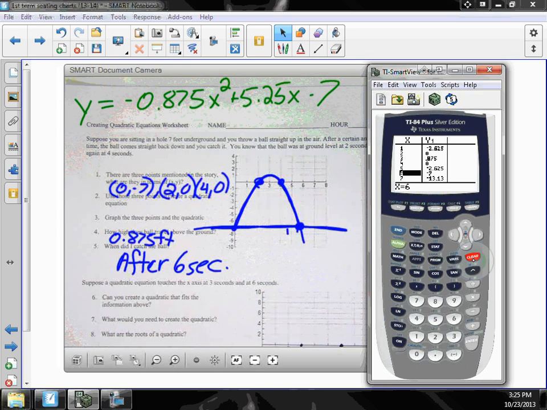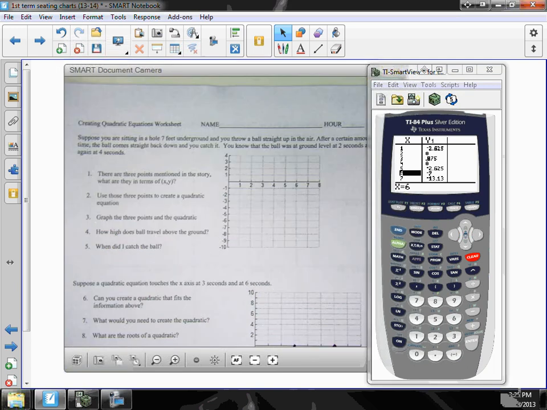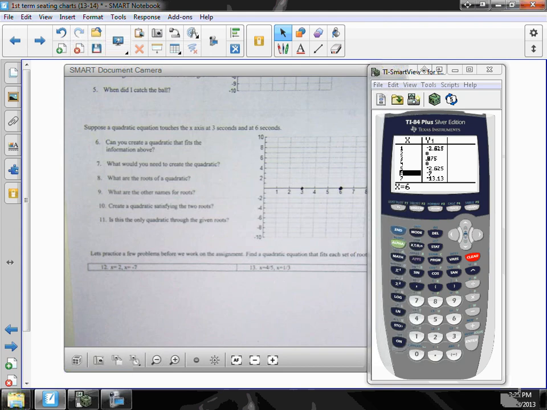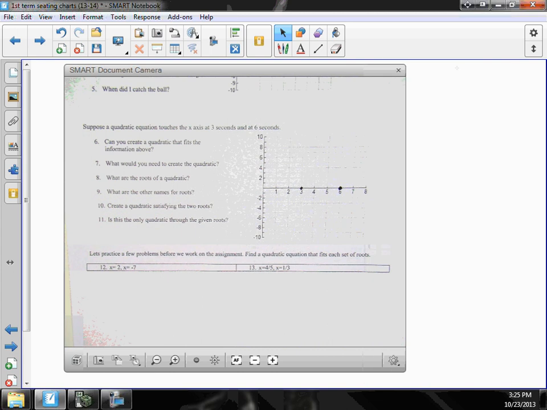So now for the next one, clear that. Suppose a quadratic equation touches the x-axis at 3 seconds and at 6 seconds. Can you create a quadratic equation that fits the information above?